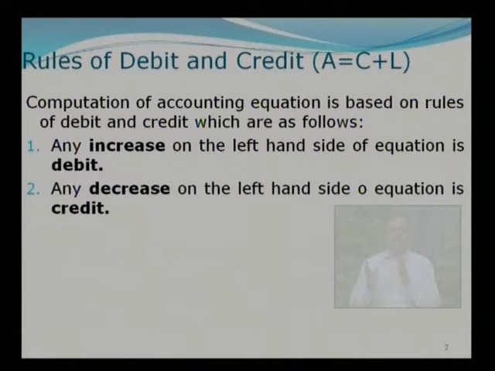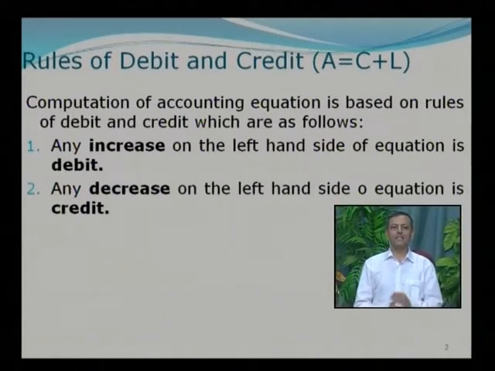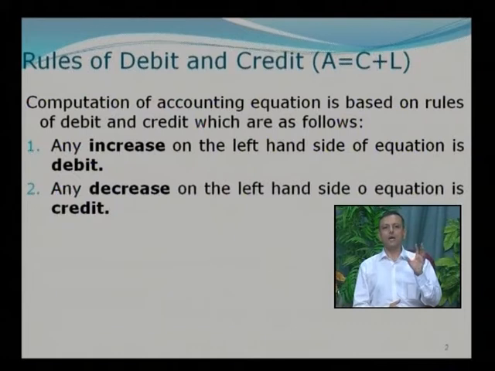It is a natural corollary that an increase on the left hand side, your asset, is debit. So, if increase in asset is debit, naturally decrease in asset would be credit. There is no decrease in cash, therefore cash is not credited in the transaction that we have seen. So, the account to be debited is cash account because the asset or the cash increases.